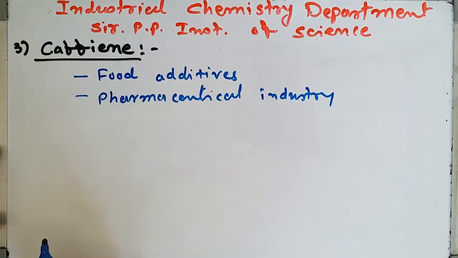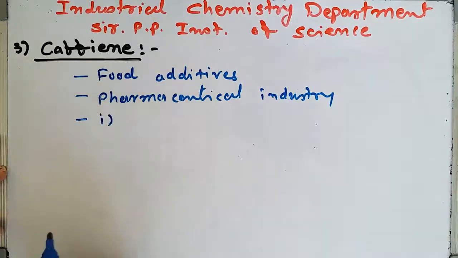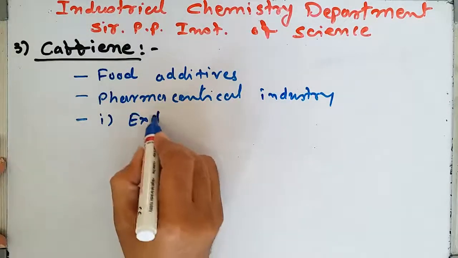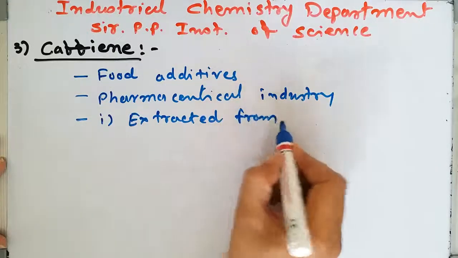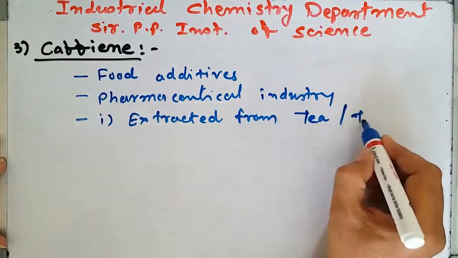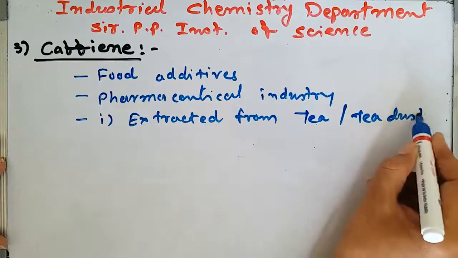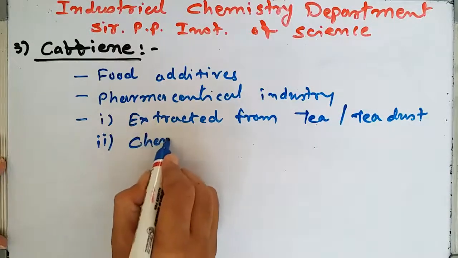It is obtained from damaged tea and tea dust. For synthesis of caffeine, there are two routes. One is extraction from damaged tea or tea dust, and the second one is chemical synthesis.